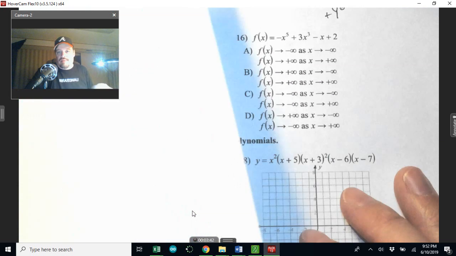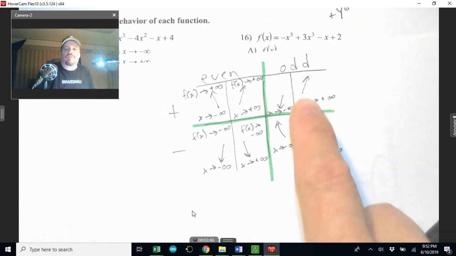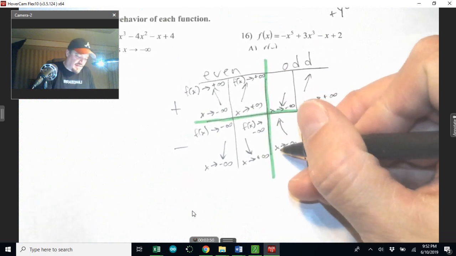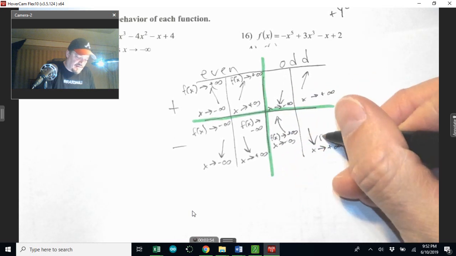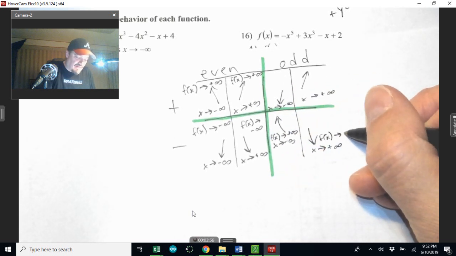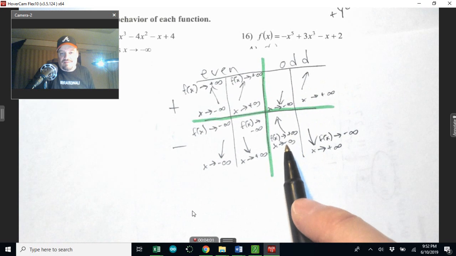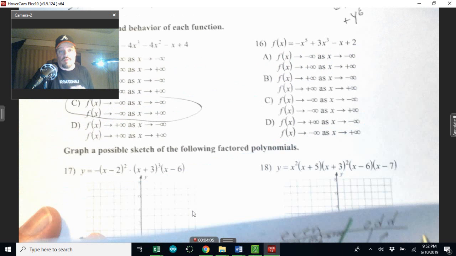All right, same thing applies to 16. We have a negative odd. So we go here, and a negative odd is an up arrow on the left, so I will say that f of x is going to positive infinity, and this guy is going to negative infinity. So I'm looking for this. f of x is positive on the left arrow, f of x is negative on the right arrow.